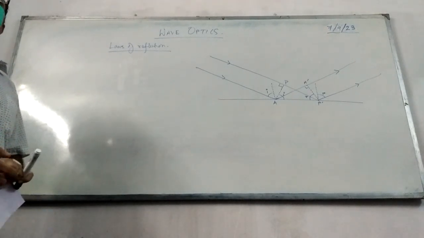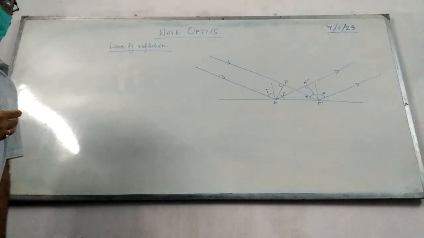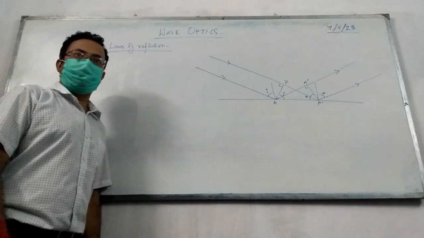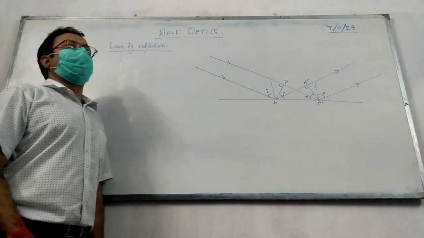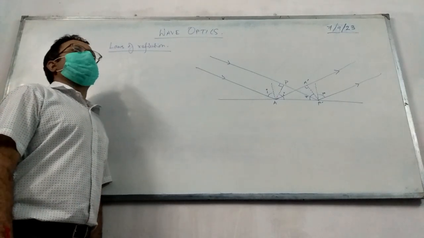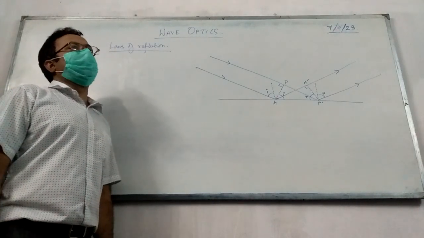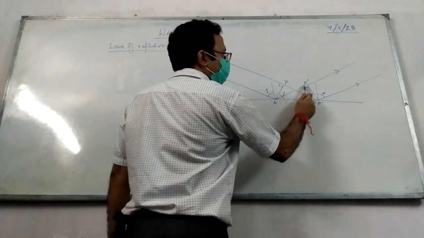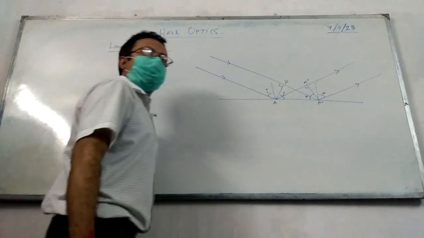That can be actually done in two ways. The method I am doing is the one that has been followed in NCERT. There is another way you can do it by proving congruency of triangles. Take these two triangles and try to prove the congruency of these two triangles.